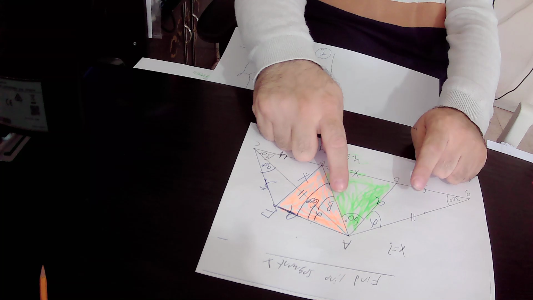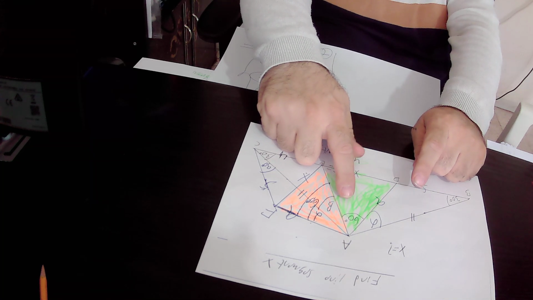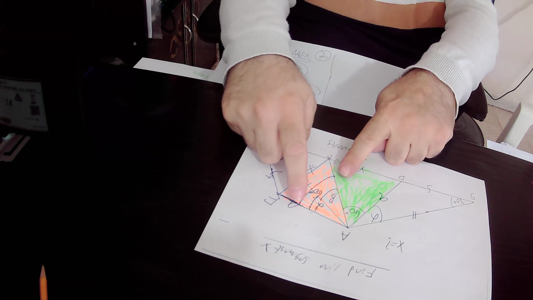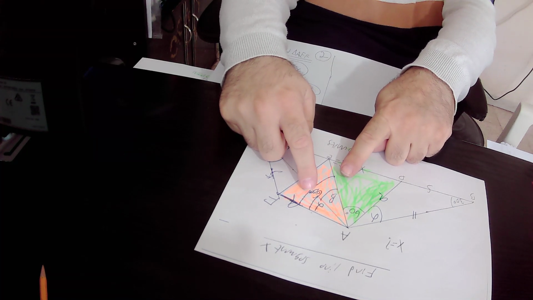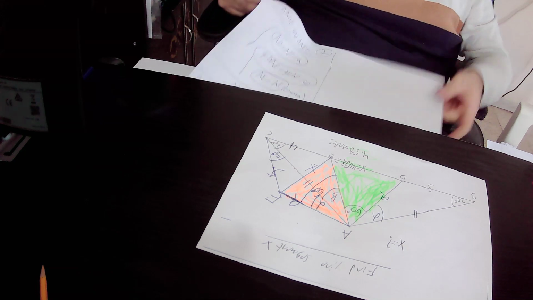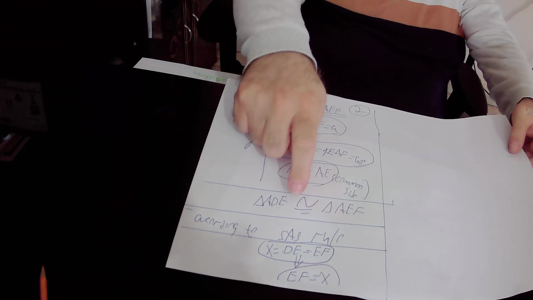Those two sides and the angle included between them in the green triangle are correspondingly congruent to those two sides and the included angle in the orange triangle. Therefore, those two triangles are congruent according to the side-angle-side rule.